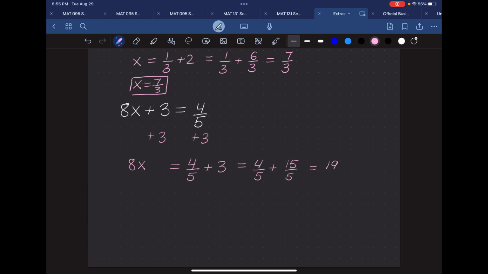So that's going to be 19/5. So now I can rewrite 8x is equal to 19/5. And then I can divide both sides by 8. So I get x is equal to 19/5 divided by 8, which is going to turn into 19/40. Notice that I just put a factor of 8 in the denominator.